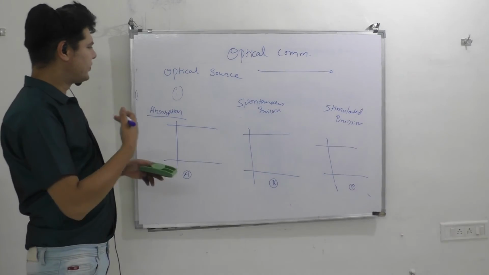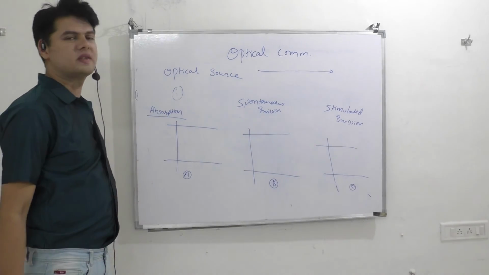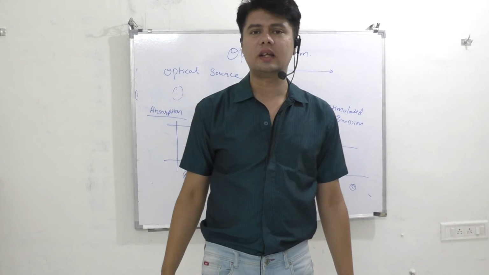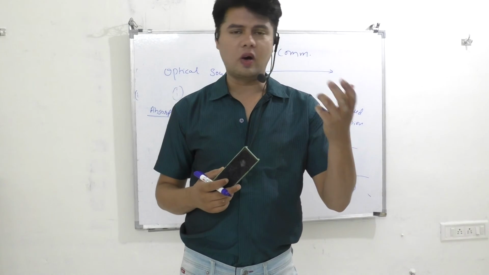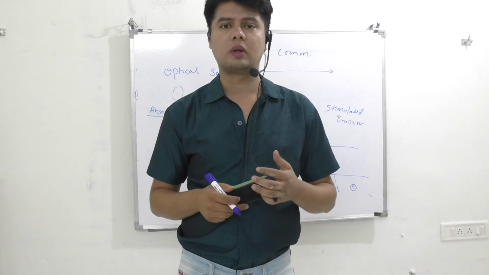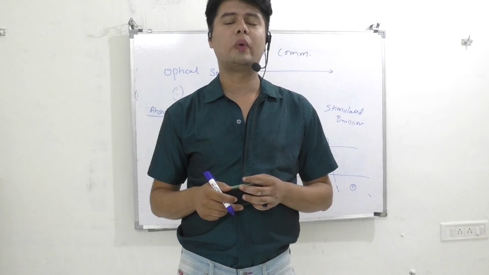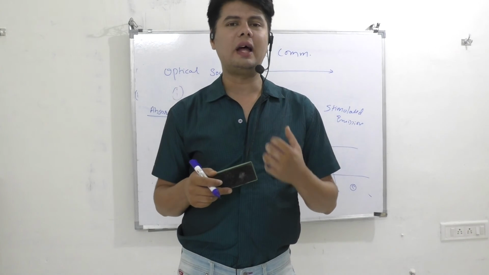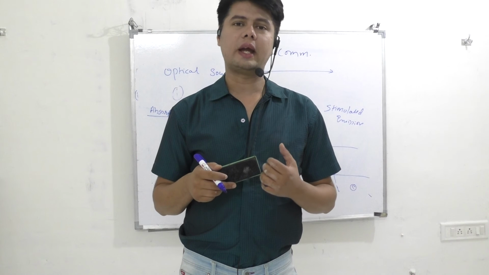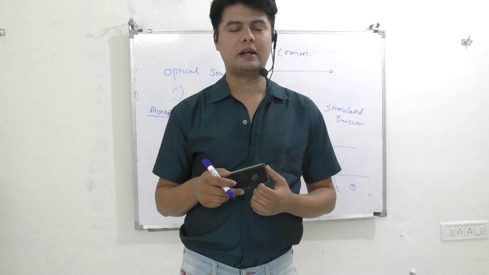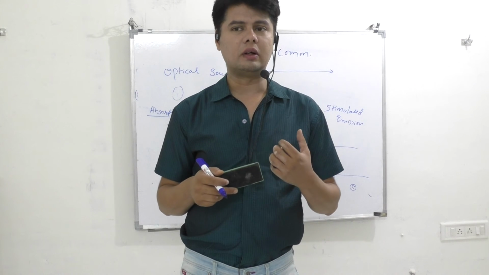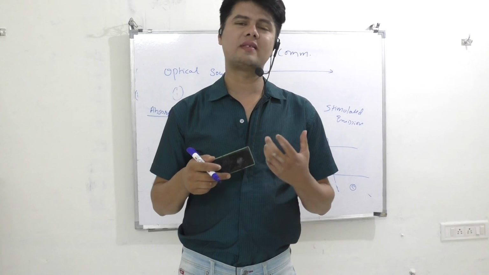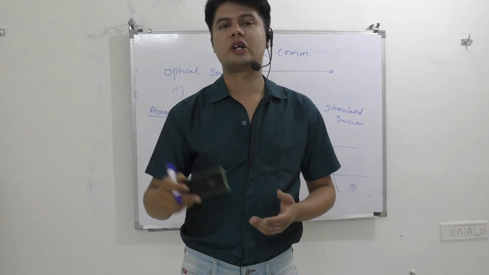Now, what are the differences between these three processes? As we all know, if we study electrons, atoms or molecules, whenever electrons absorb energy, they move in the valence band, and if they absorb energy again, they escape from the valence band to the conduction band.